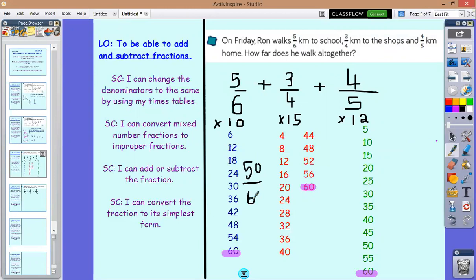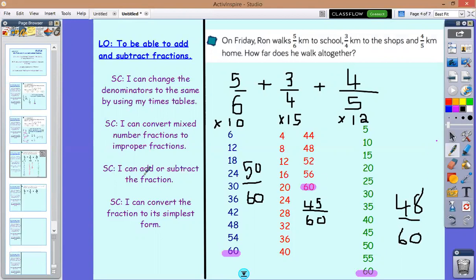This one here is going to be 15 times 3, which is going to be 45 over 60. This one here is going to be 48 over 60. And then I need to add all these numbers up.